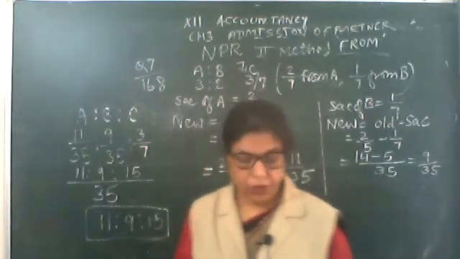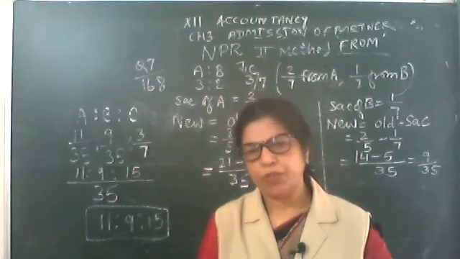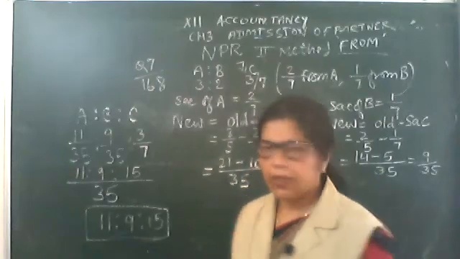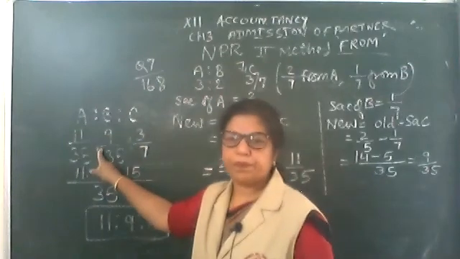Now I am giving you questions as homework with the same method, same steps. S and C: S is sacrifice and new, C is common.